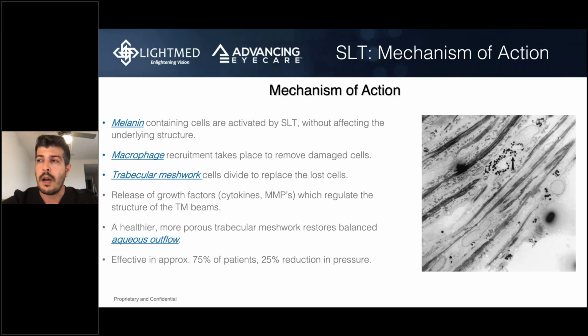So I would argue if you're at 2.0 millijoules and you're not seeing any bubbles, you're probably hitting the wrong structure. You're probably hitting the ciliary body or the Schwalbe's line, which can be pigmented. It can look like a pigmented layer that might present itself as the trabecular meshwork. So I would make sure you're treating the right location.